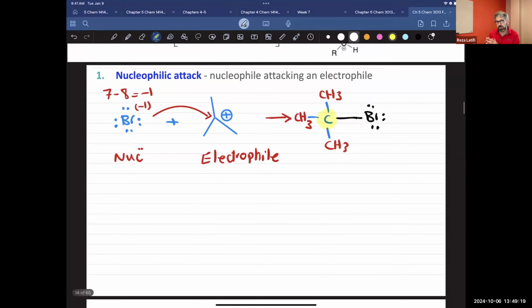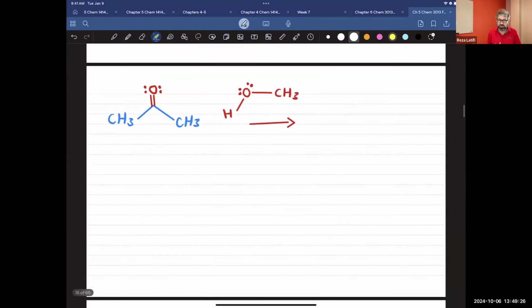And sometimes the positive charge is not that clear. You need to draw maybe a Lewis structure to figure it out. For example, in this case, I don't see a positive charge on this carbon. So where am I going to put those lone pairs? And remember, I have two oxygens, and both of them have two lone pairs.